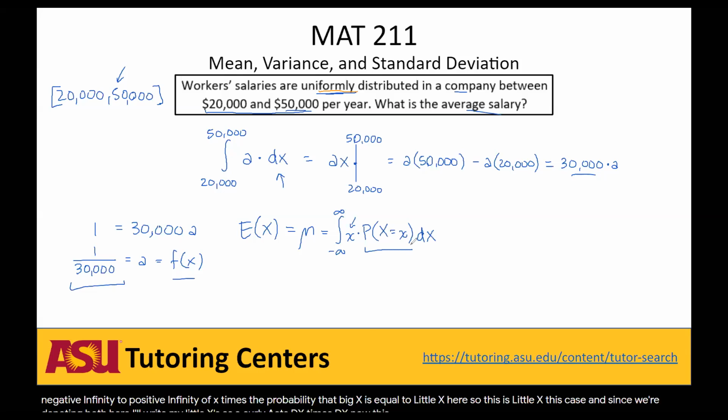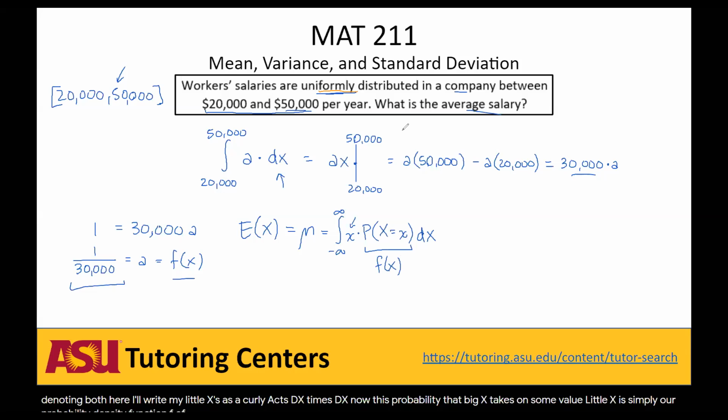This probability is simply our probability density function, f of x, which is 1 over 30,000.